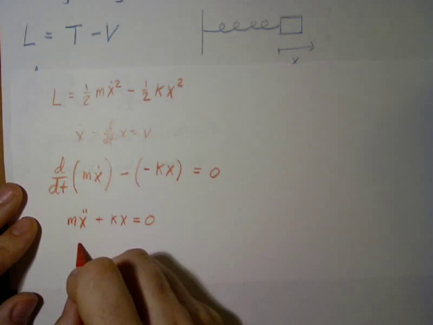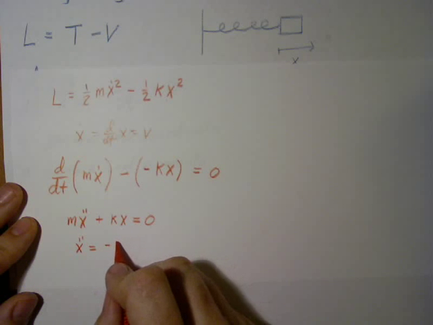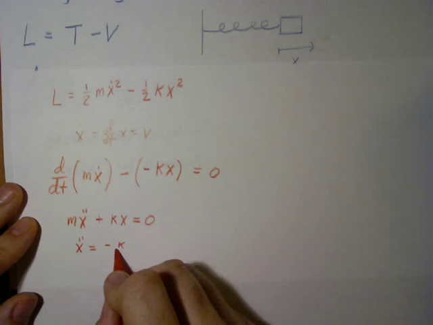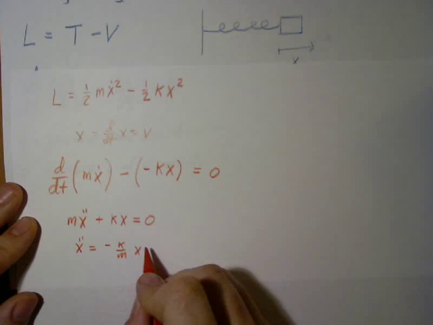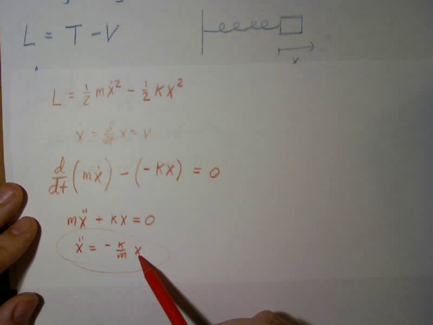Or if I write it differently, x double dot equals negative k over m x. Now, this equation has the elementary solution.